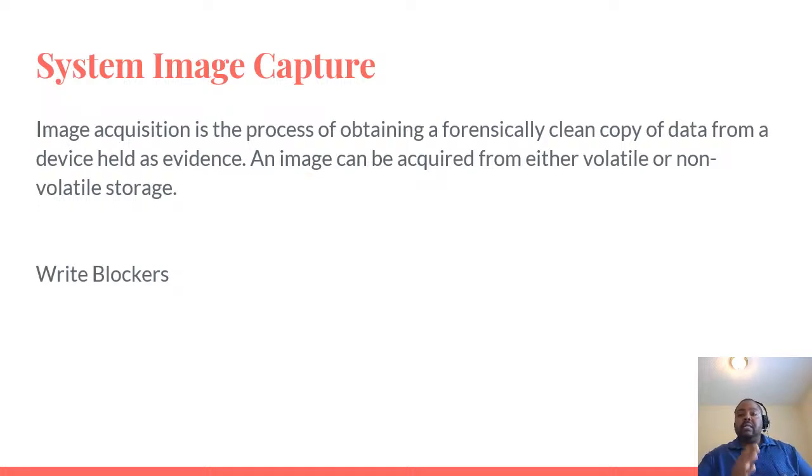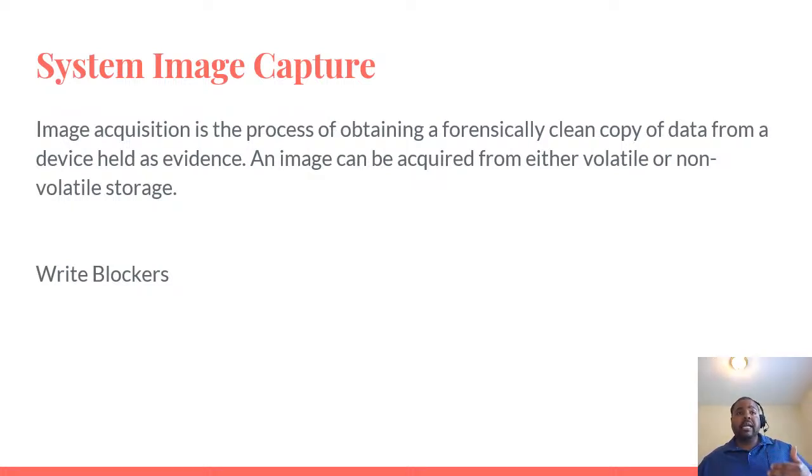What that does is create a bit-for-bit image of what the actual machine is. So you can have a copy sitting on your own machine, and then you can go through and look at the different files that were open and the websites that they browsed, without interrupting the original system.